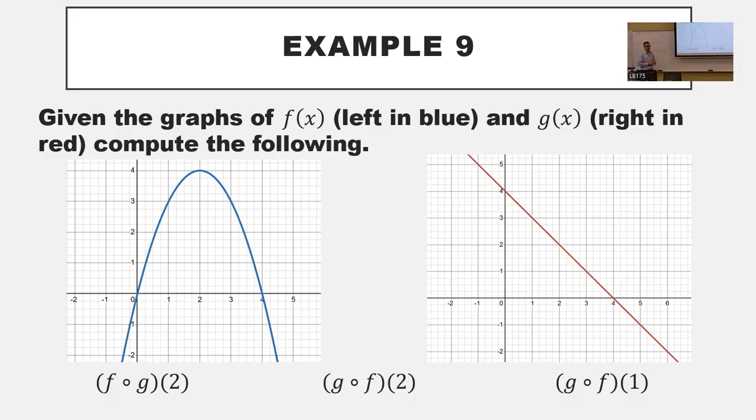See what f of g of 2 is, g of f of 2, and then g of f of 1. Try to do that trace, trace through where we're taking.